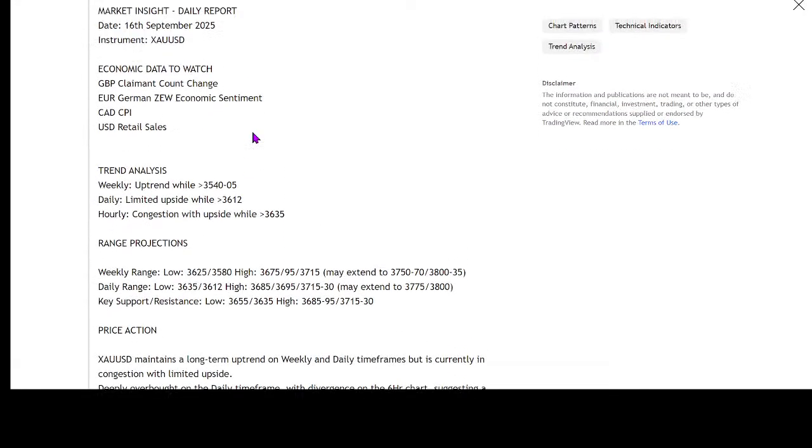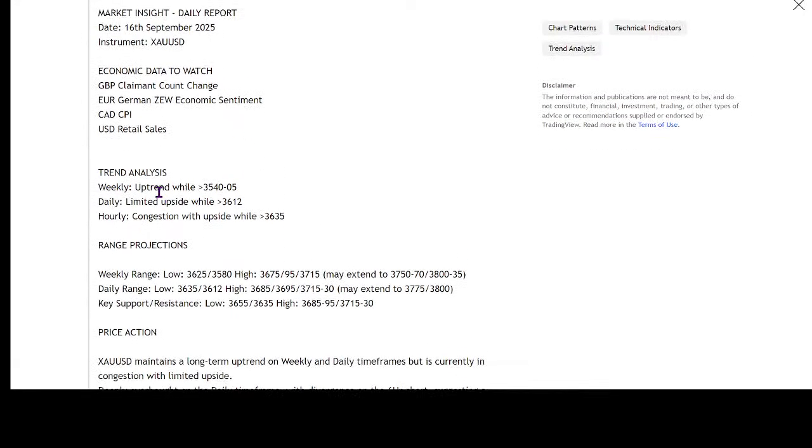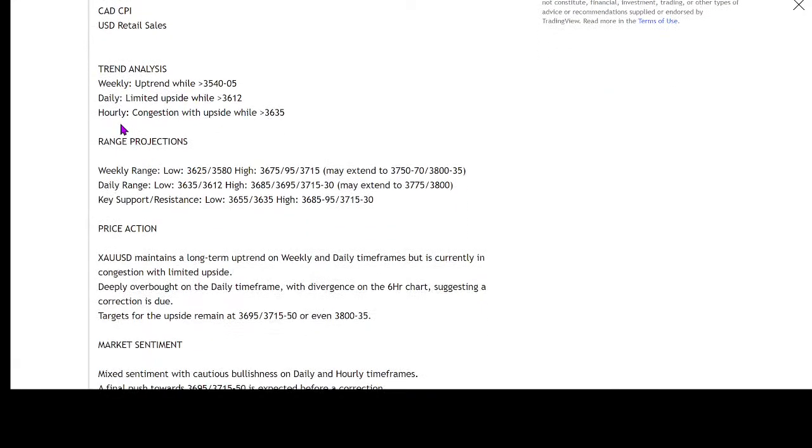So overall, if you look at the gold US on a weekly, this is in an uptrend while above 35.40 and 35.05. Daily, this is in a limited upside while above 36.12. Hourly, congestion with an upside while above 36.35.